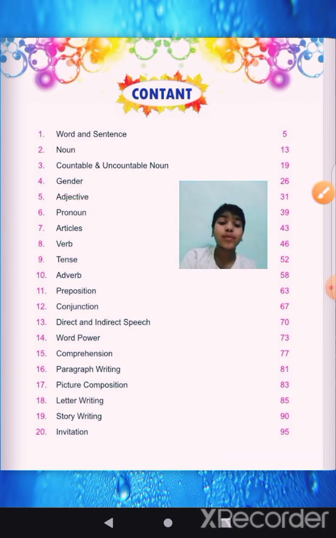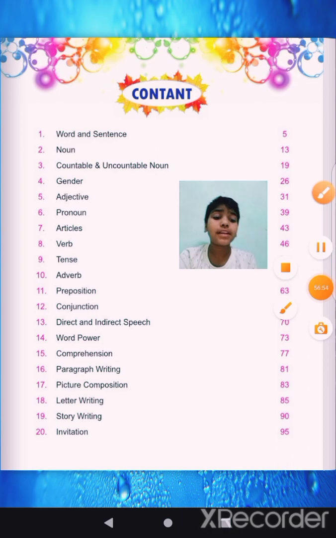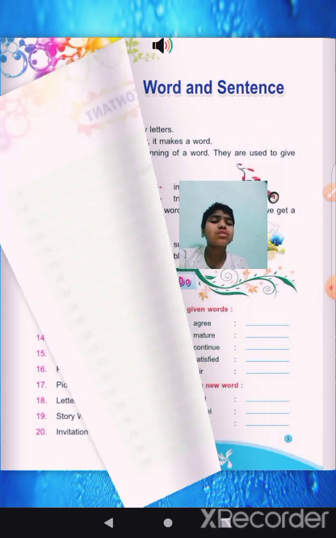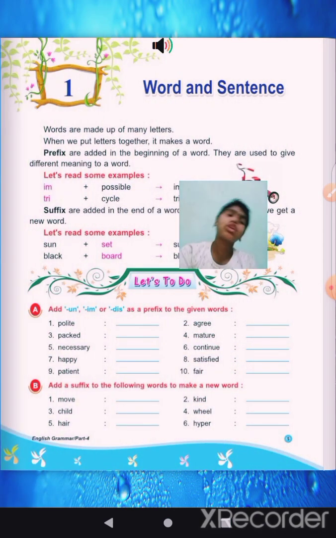Got it? And I hope you are also liking this. Whenever you start reading this book, it will be clearer to you: what is simple present, what is a pronoun, what are articles, and that is also clearer in this book. I don't say that you use only this book. There are many apps that help students educate, but I picked this app for the education.